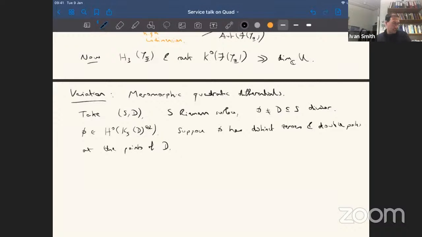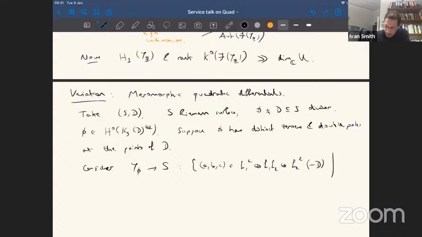And then one writes down some new threefold. Okay, so this is again a hypersurface, but in a sort of slightly twisted bundle.